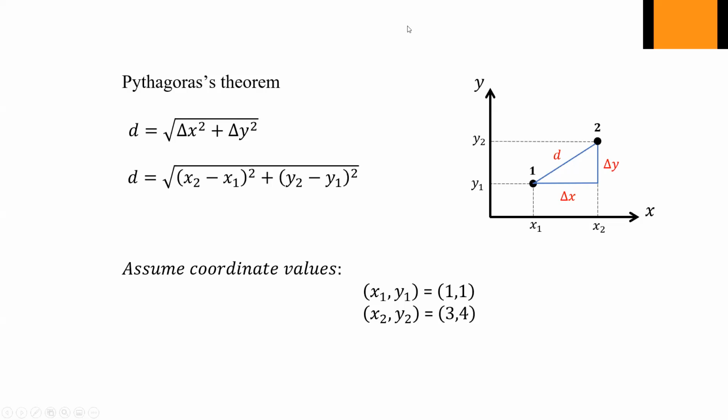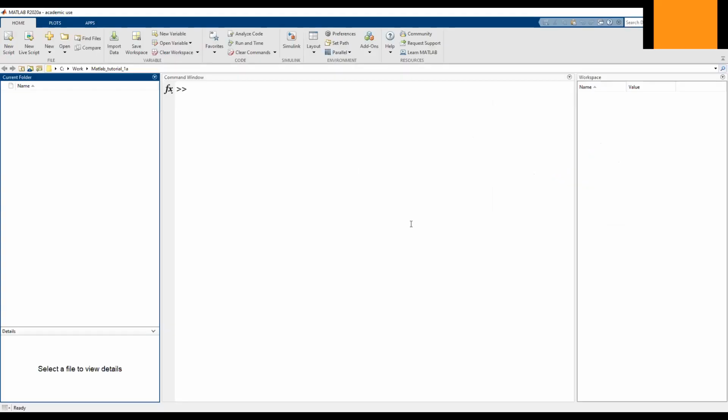Now, how can we write a code in MATLAB to solve this equation? This is MATLAB, and we have here in the middle the command window, to the left we have the current folder or current directory, and to the right we have the workspace.